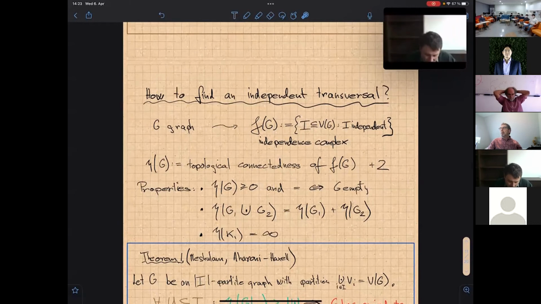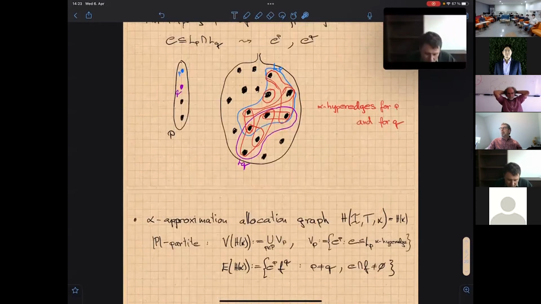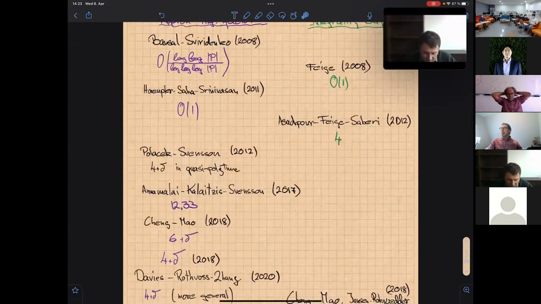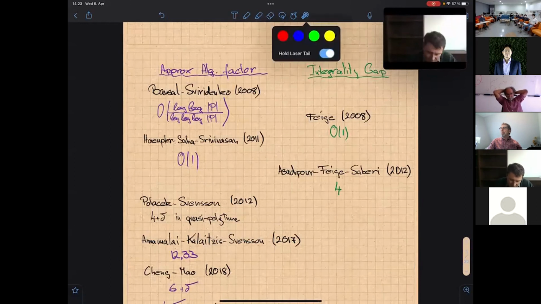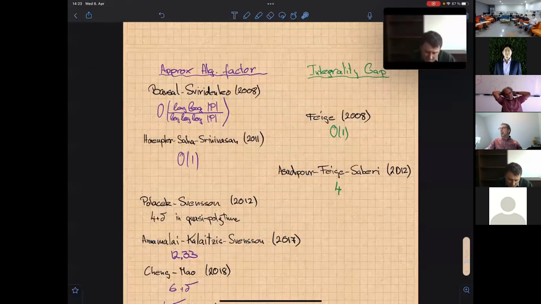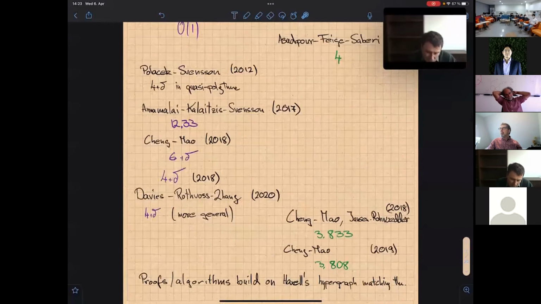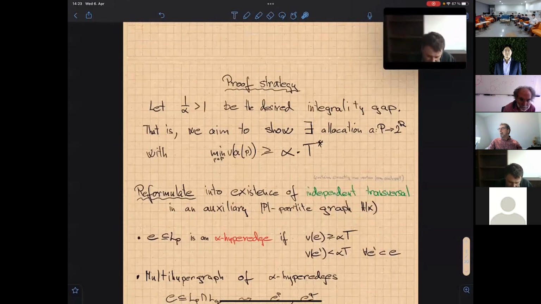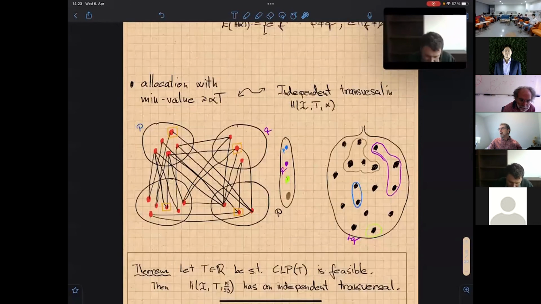And you could imagine the same development happening in this problem as well, because the first constant approximation for this problem was given by the local lemma, also the algorithm, and then you got a lot of ideas and developments using the combinatorial tools, which essentially also give you independent transversals.